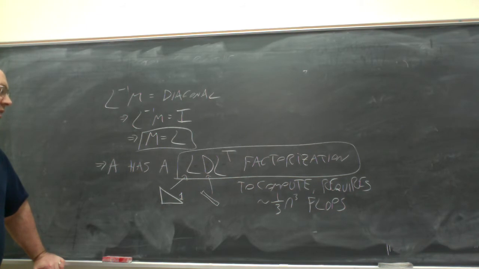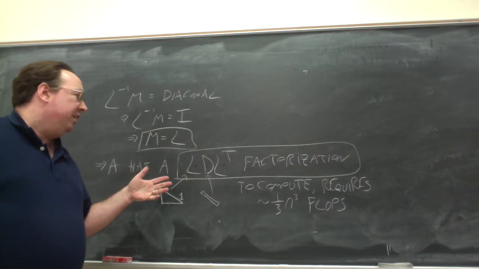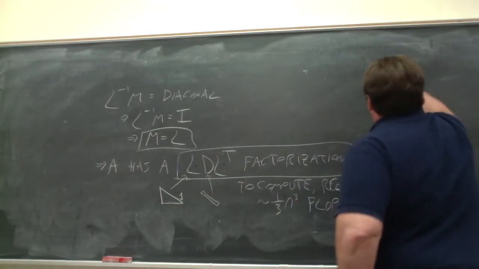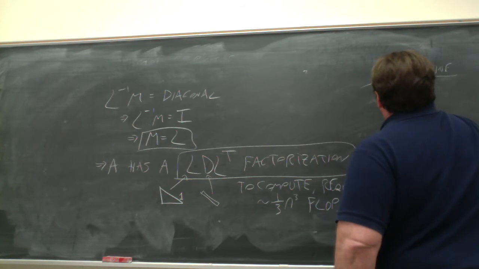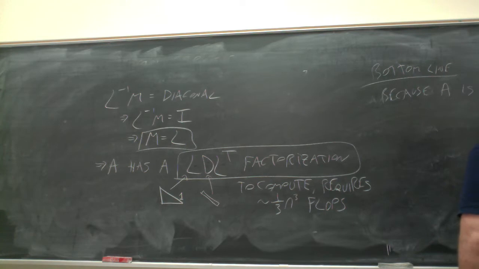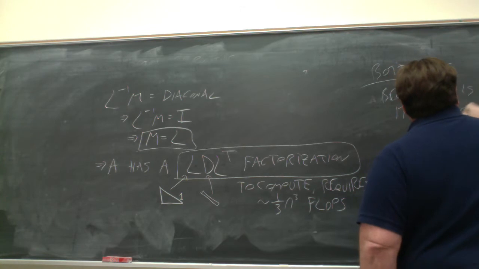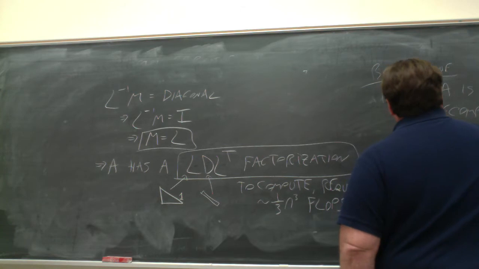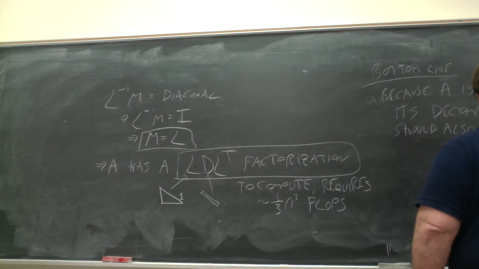Okay, so now the thing I want to bring up here, my bottom line, is that because A is symmetric, its decomposition, whatever decomposition you use, should also have symmetry, which LU does not have.